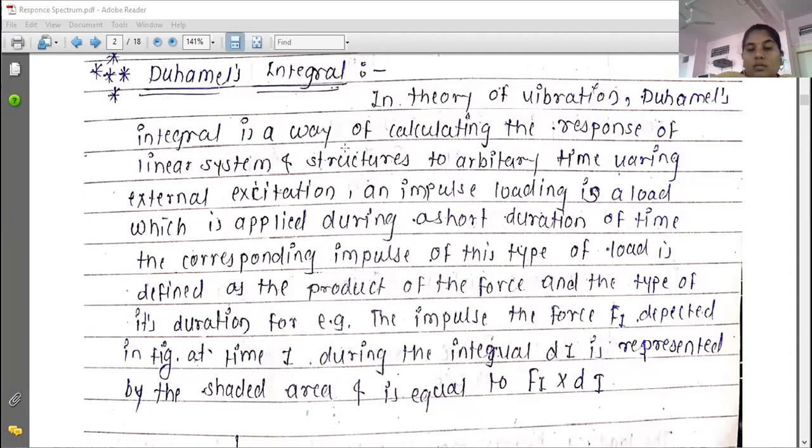is a load which is applied during a short duration of time.